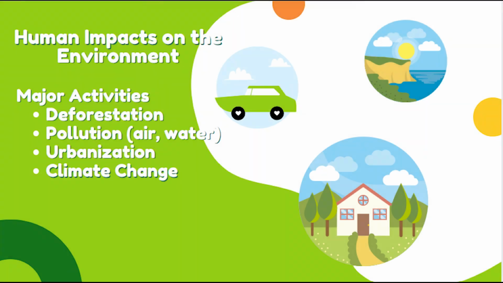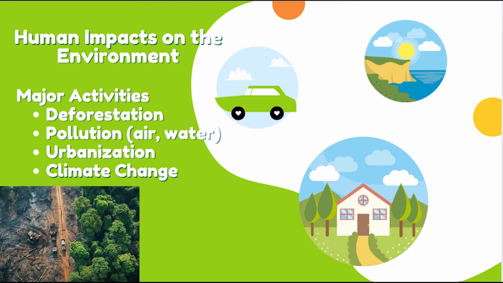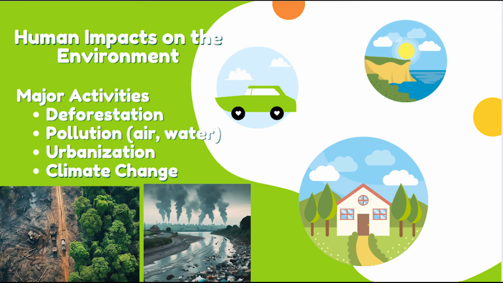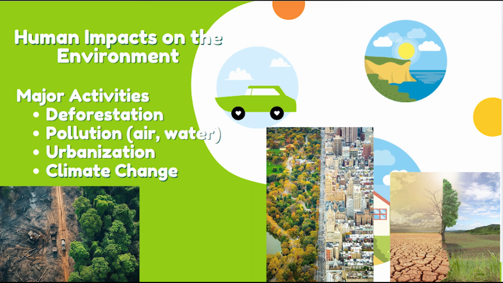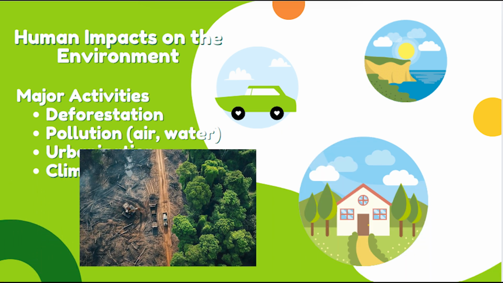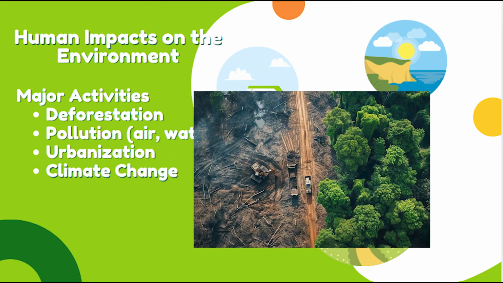Unfortunately, human activity has caused serious harm to ecosystems. Major issues include deforestation, pollution, urbanization, and climate change. When we say deforestation, it refers to cutting down forests for farming or construction.